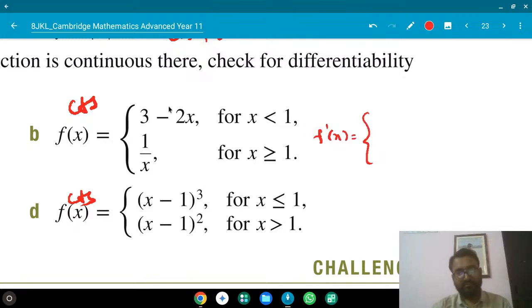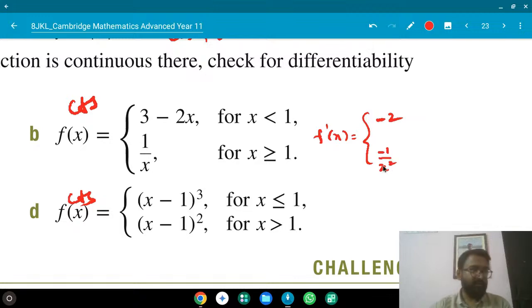Find the derivative. The derivative of 3 minus 2x is minus 2. What about the derivative of 1 upon x? Negative powers: power minus 1, so it is minus 1 by x square.